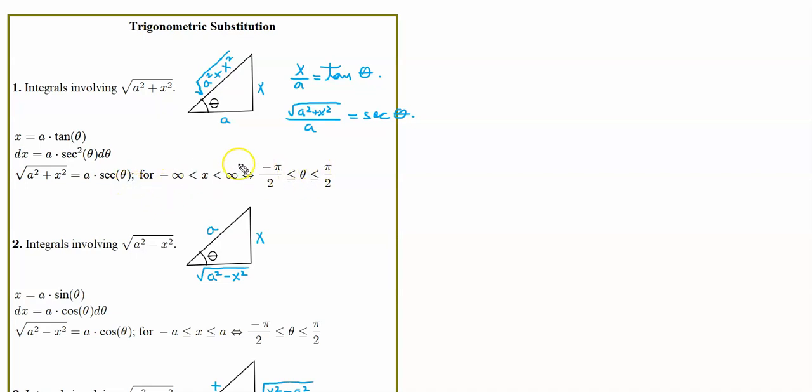Okay, so, in other words, with the first case here, if you had an integral that looked like, say, x squared over the square root of a squared plus x squared dx, your x squared would become a squared tangent squared theta.